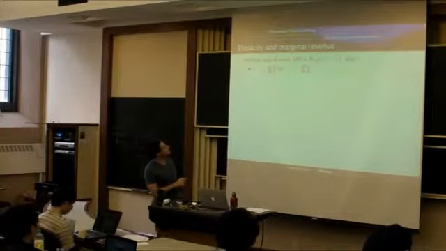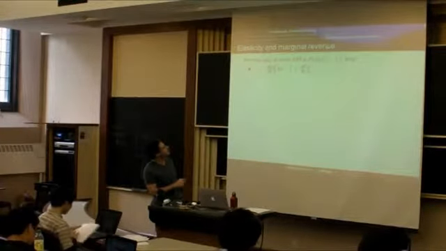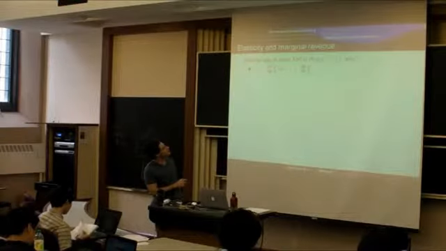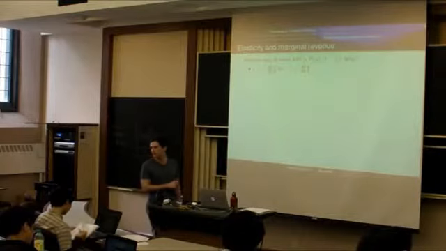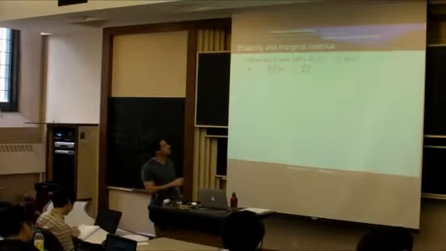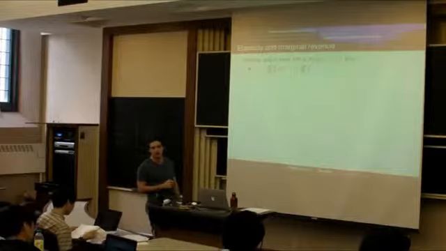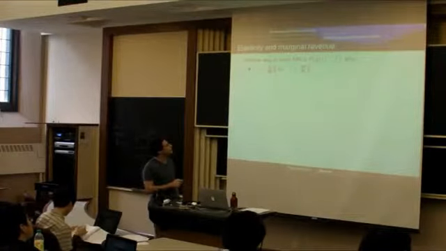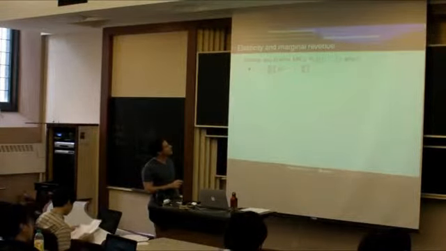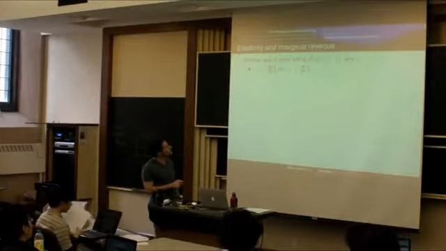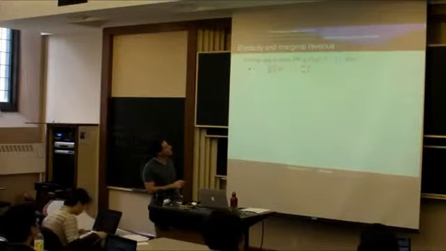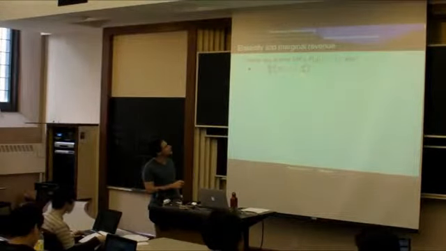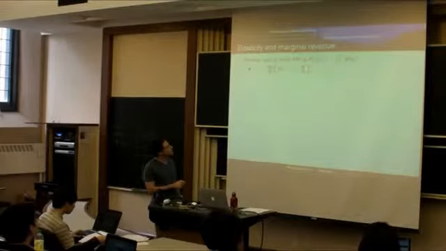the elasticity, right, is the negative of the derivative of quantity with respect to price times price over quantity, right? That's the elasticity formula. Because this is the percent change in quantity for a percent change in price, right? So that's the same as 1 over the elasticity being the percent change in price over the percent change in quantity, right?